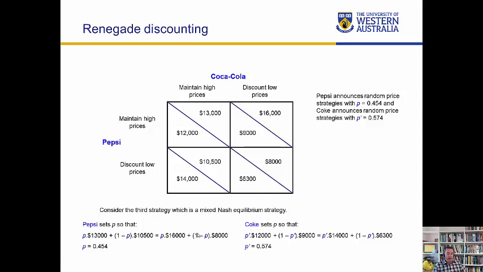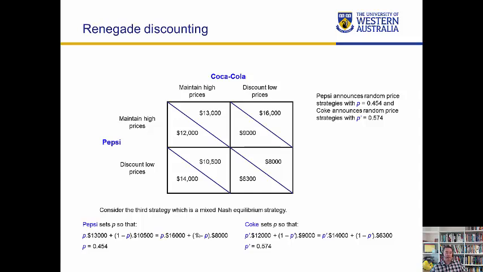So if Pepsi spends 45.4% of its time charging high prices and 54.6% of its time charging low prices, then given these payoffs, Coke will be indifferent between high and low prices, and so Coke will have no incentive to over discount.